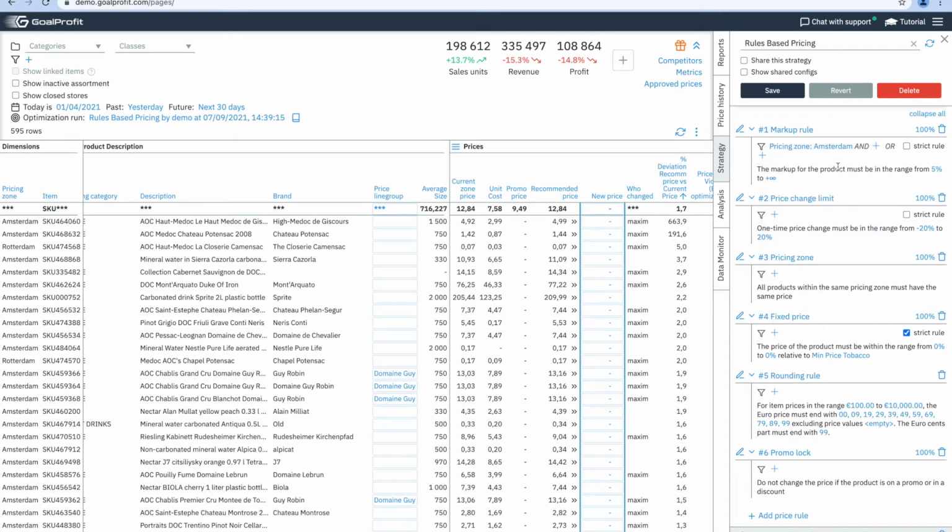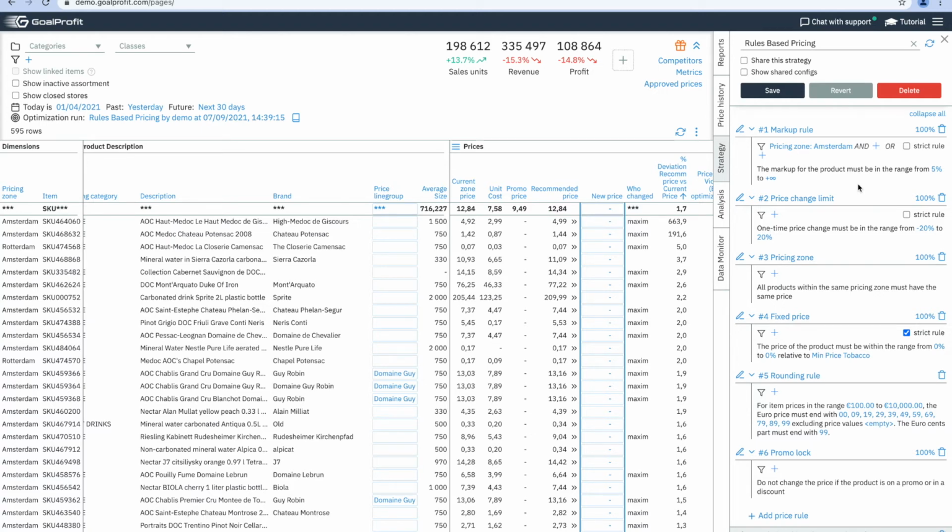And also for the rule we can define the weight and strictness. It means that you have different rules and they can conflict with each other. For example, you want to have 5% minimum markup, but at the same time you want to be below the competitor price, and potentially there is no gap.